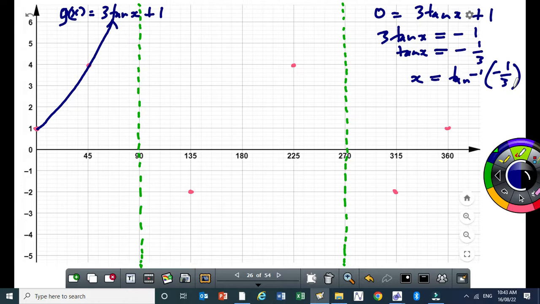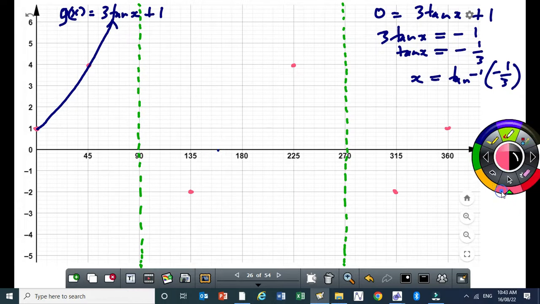So 157 is somewhere there. So I can approximate 162 to be somewhere here. I'm approximating because my grid cannot allow me to exactly pinpoint where 162 is. It's not possible, so I just have to approximate.